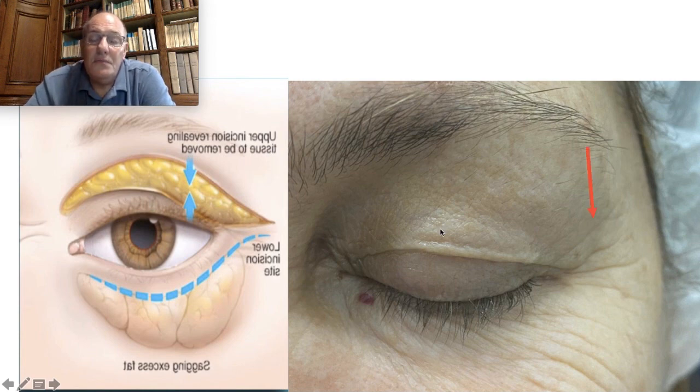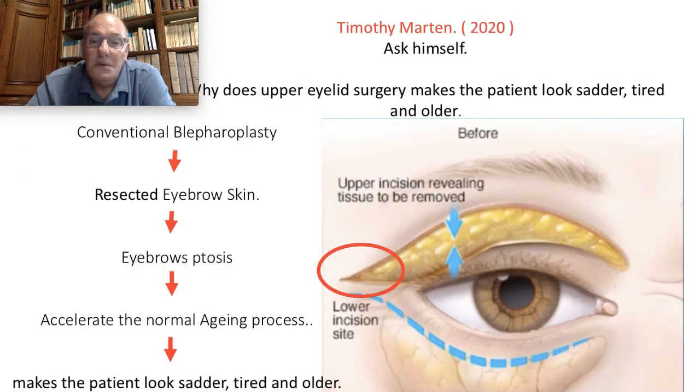And if this technique removes the eyebrow skin, it is going to pull down the tail of the eyebrow, the body and the tail. And if we pull down the tail of the eyebrow with the resection of the eyebrow skin, we produce eyebrow dropping or ptosis. This accelerates the normal aging process and makes the patient look sadder, tired, and older.